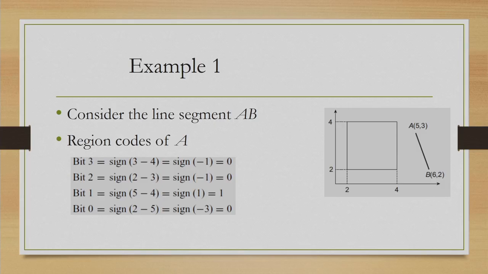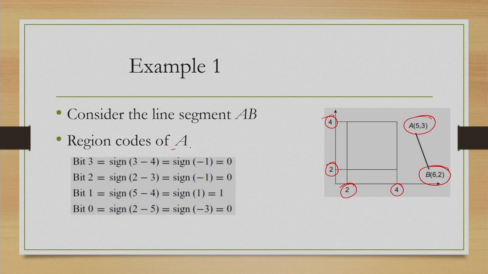Let us consider this line segment defined between the endpoints A and B, and the window extents are provided here. The x min is 2, x max is 4, y min is 2 and y max is 4. We check the sign and accordingly we assign region codes to the endpoints.